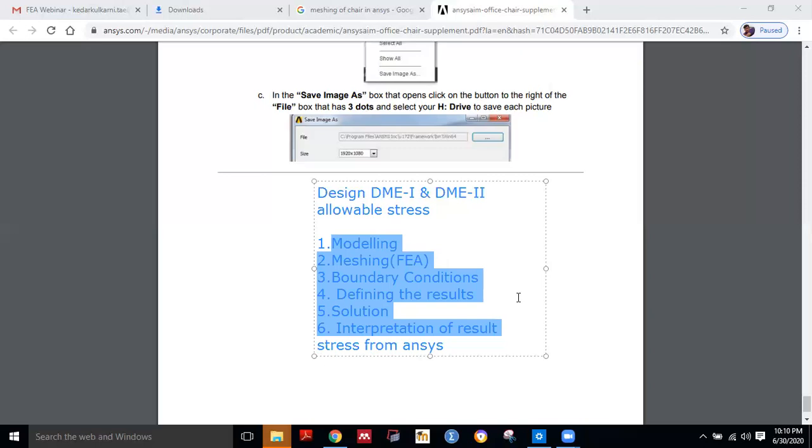So thermal conditions are there, which I didn't tell you now, but these are very, very basic things which I am telling you. So keep in mind and stay tuned for next videos.